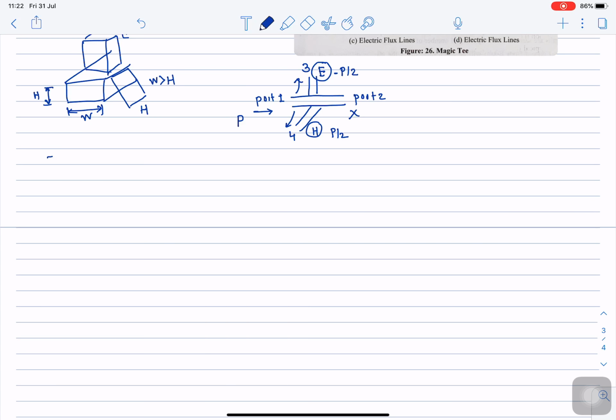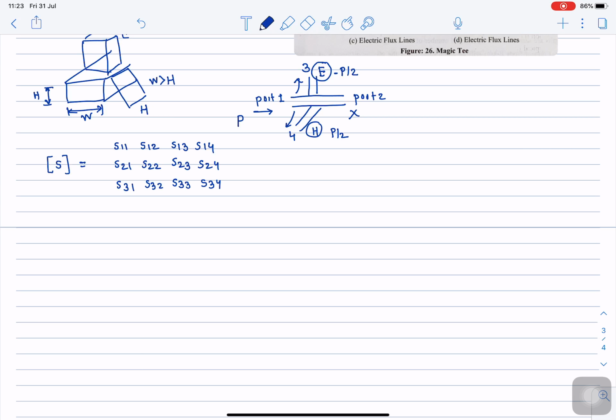Let us say S is the scattering matrix for this 4-port device, denoted by 4 rows and 4 columns: S11, S12, S13, S14. Similarly, S21, S22, S23 and S24. Third row, S31, S32, S33 and S34.